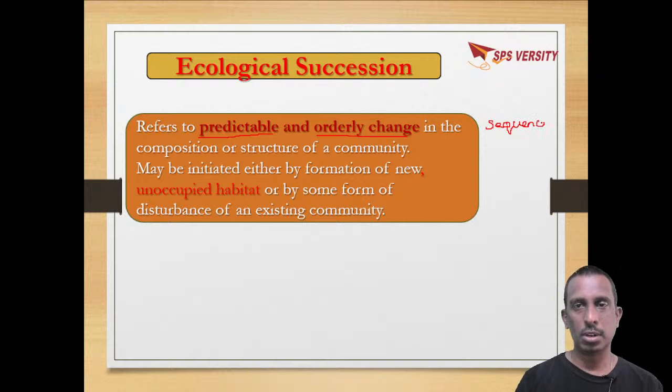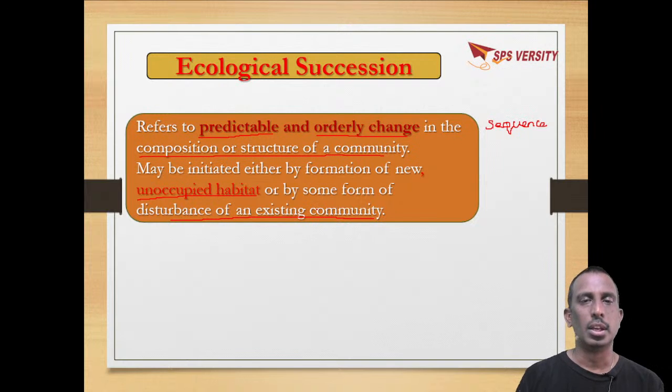So in this orderly change in sequence, that is the composition and structure of community. This succession may start from unoccupied habitat or by some form of disturbance of an existing community.